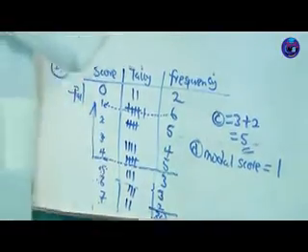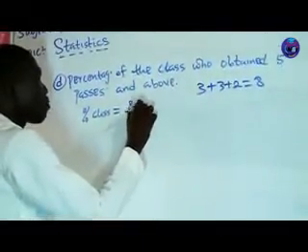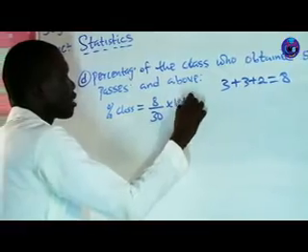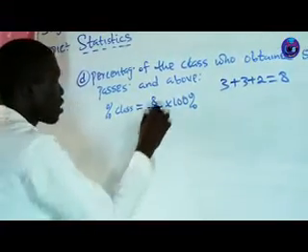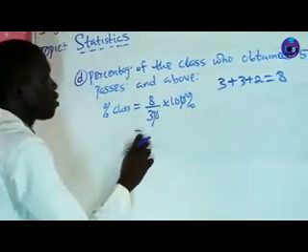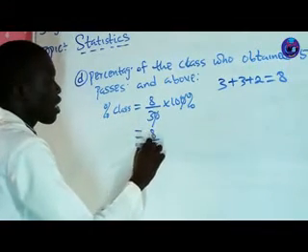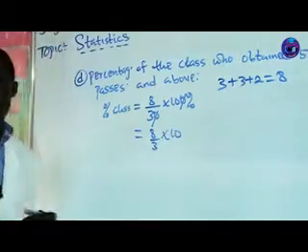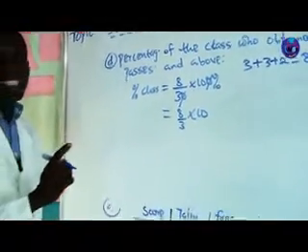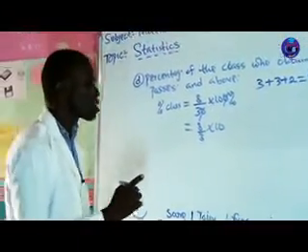Are you following? So we have 30 multiplied by 100%. So this will give us 0 cancel 0. You have 8 all over 3 times 10.